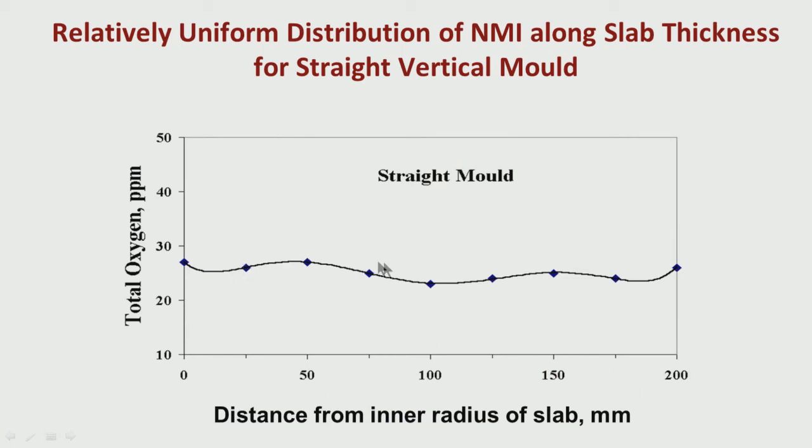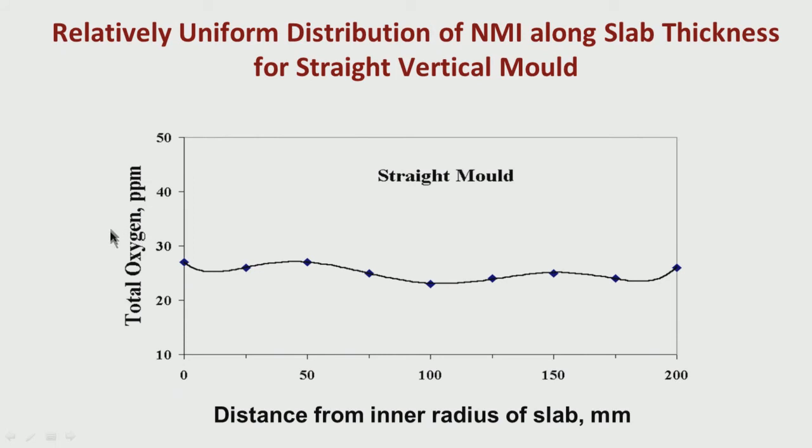I have taken samples at different thickness levels by drilling and then analyzing the total oxygen, assuming that the dissolved oxygen is relatively less, because in both the cases it was an aluminum killed steel. So, the dissolved oxygen will be less than 5 ppm.